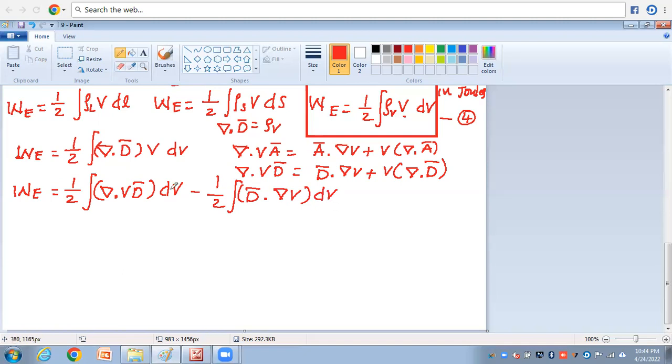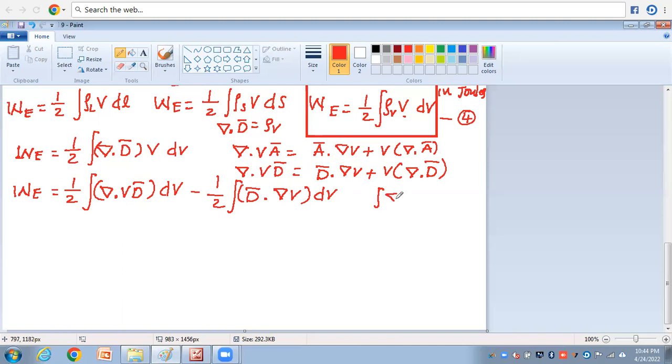Now, very simple. Now I will go with this: del dot D bar, or del dot A bar, or del dot V D bar with the dV. If I apply the divergence theorem, what the divergence theorem says is surface to volume; here I will convert volume to surface.